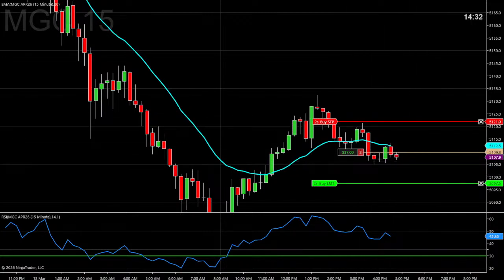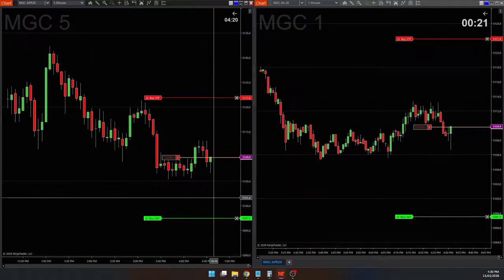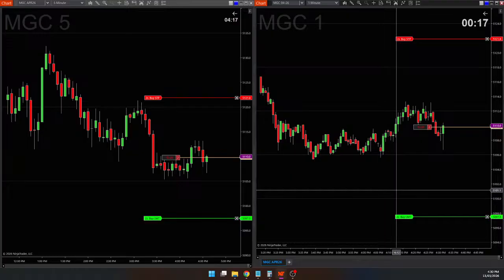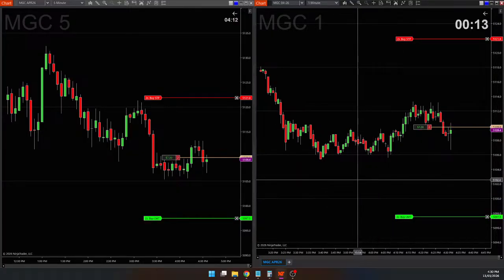I think this is the gist of what ChatGPT was trying to get at, actually, that my entries are on the lower time frames, so I should move my stops accordingly to those.